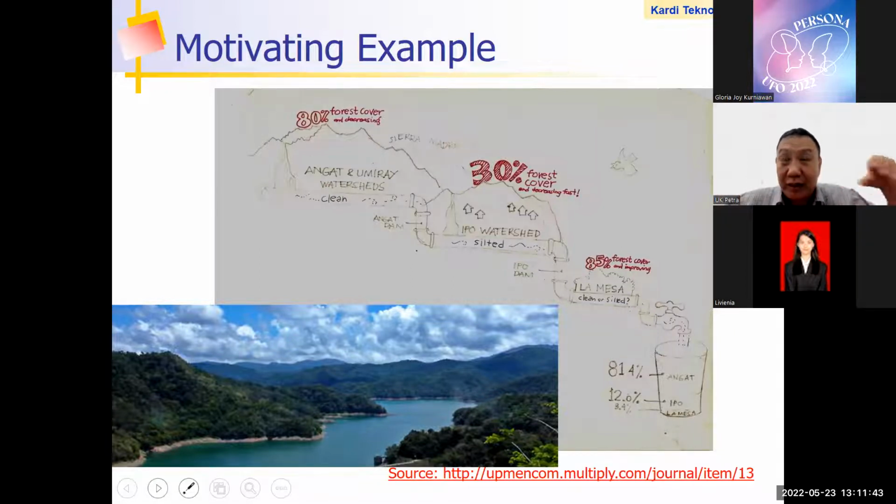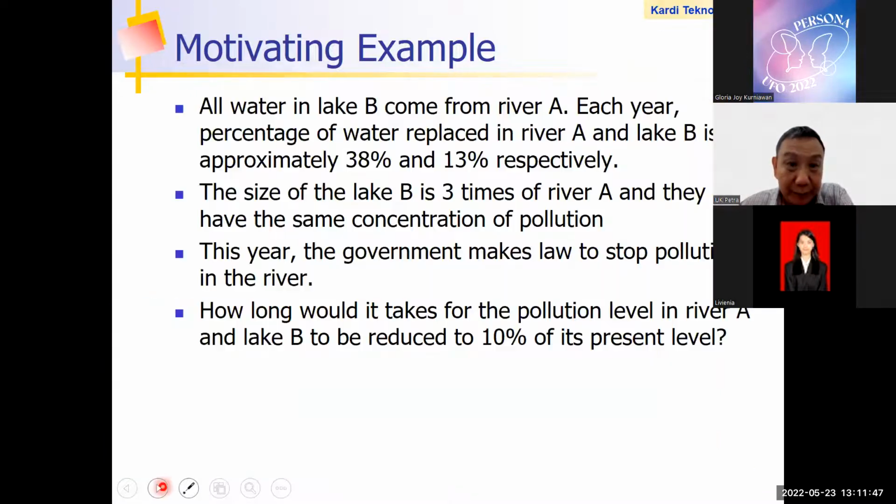A lot of factories stay along the river. All the water in Lake B comes from River A. Now each year, a certain percentage of water is replaced in River A and Lake B, respectively approximately 38% and 13%. So 38% is in the river and 13% is in Lake B.